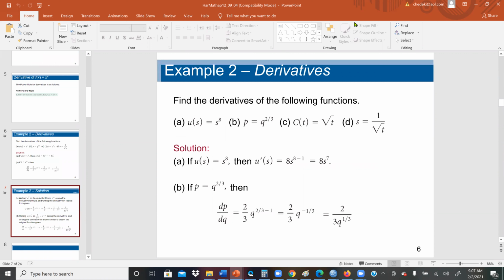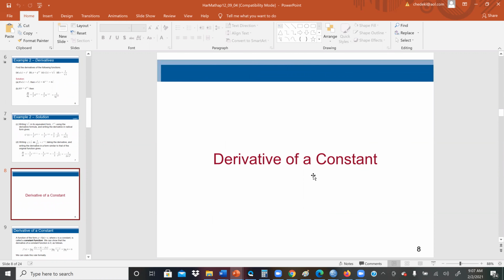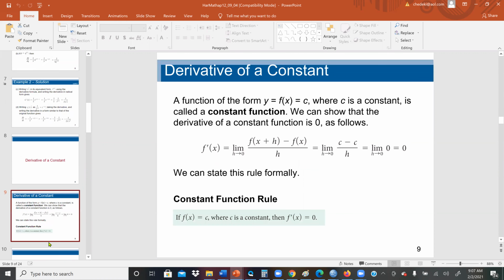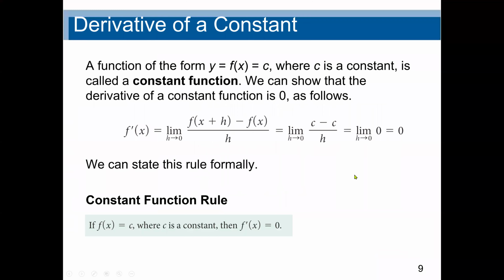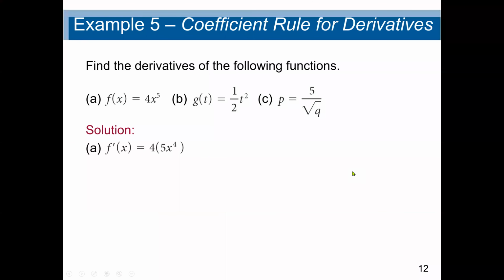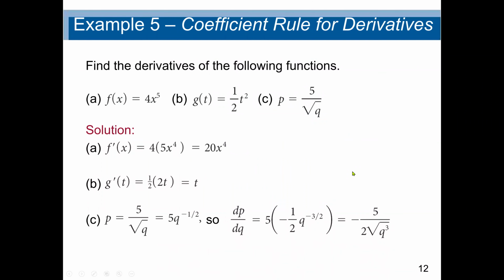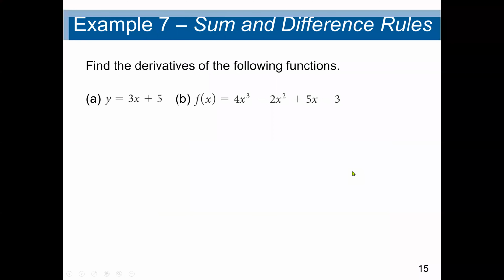Yeah, okay, it's right here. So the derivative of a constant is always 0. Anytime we have any constant value in the function, the derivative of it is 0 straight. Okay, thank you. Yeah. So the derivative of 5 is 0, the derivative of 3 is 0, always.